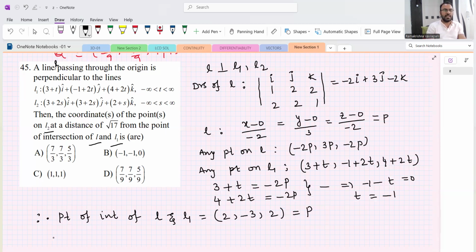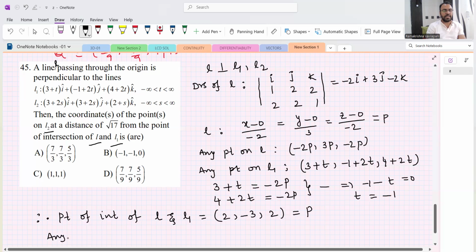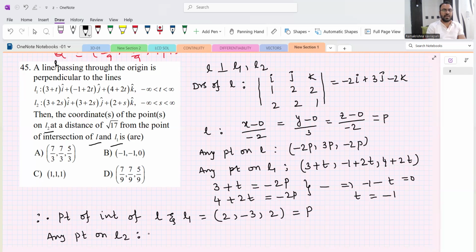Right. Okay. So any point on L2, that is already there, Q: 3 plus 2s, 3 plus 2s, 2 plus s. This is any point on this.